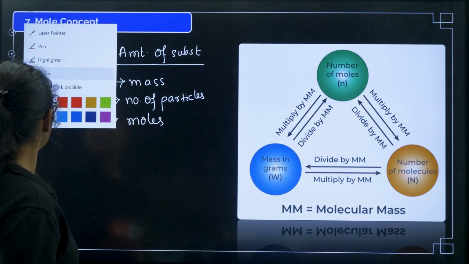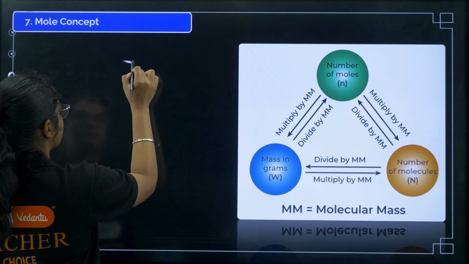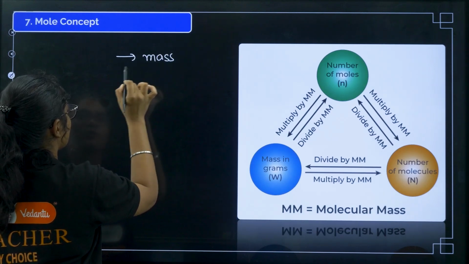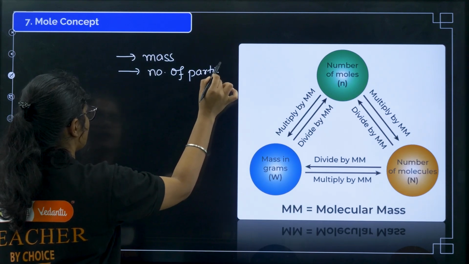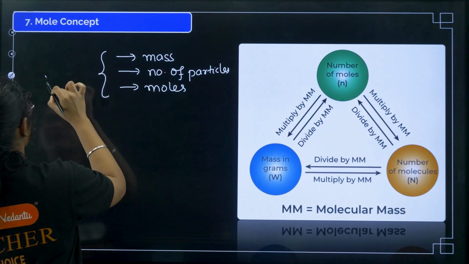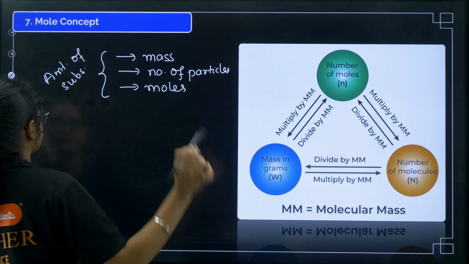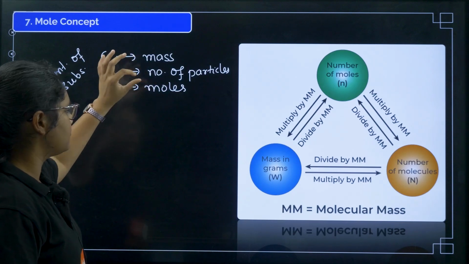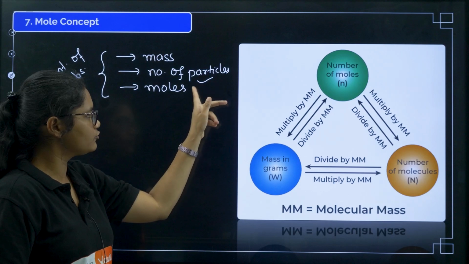So I told you we can represent amount of substance in 3 ways, that is mass, number of particles, and moles. Now if we see mass, number of particles and moles, suppose I know how much mass is there, I can find these 2 quantities as well.